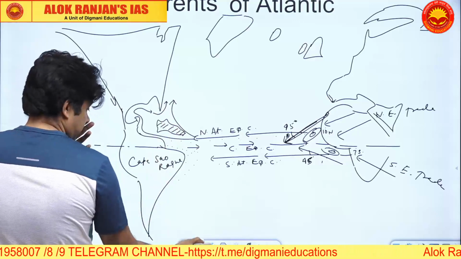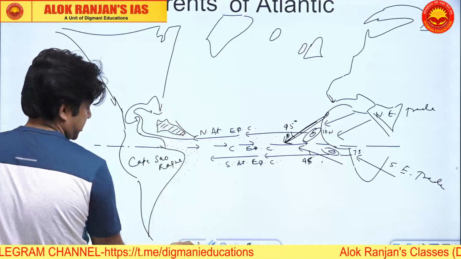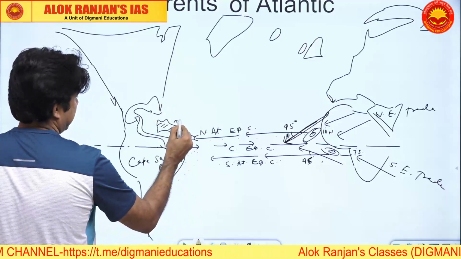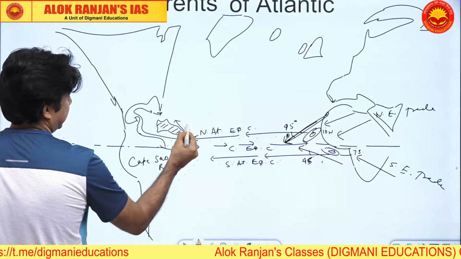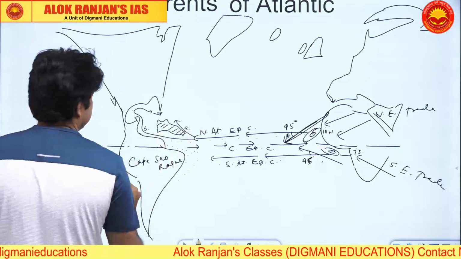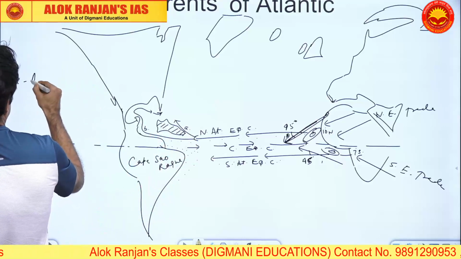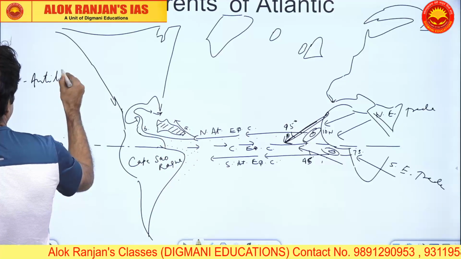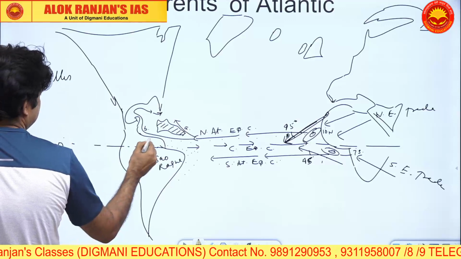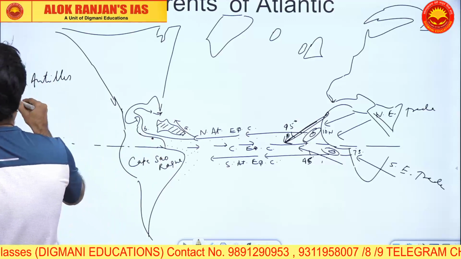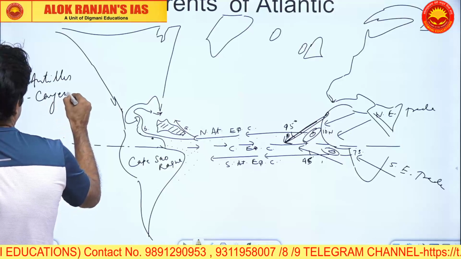Look at these two channels. This is one and this is your another. So, we have two currents. Let's name them A and B. So, A is the Antilles, and B is the Cayenne current, you call it Cayenne.